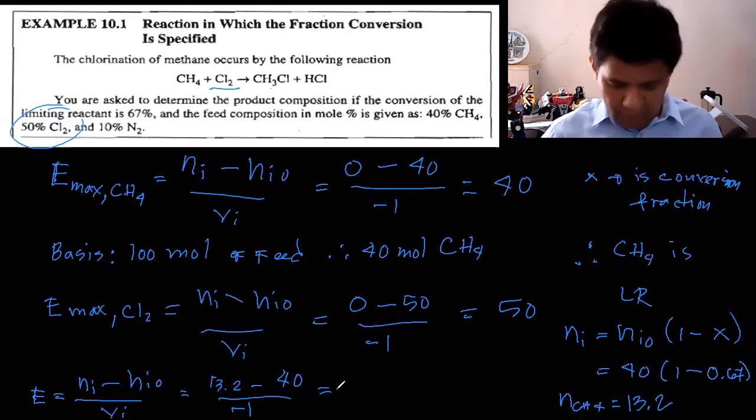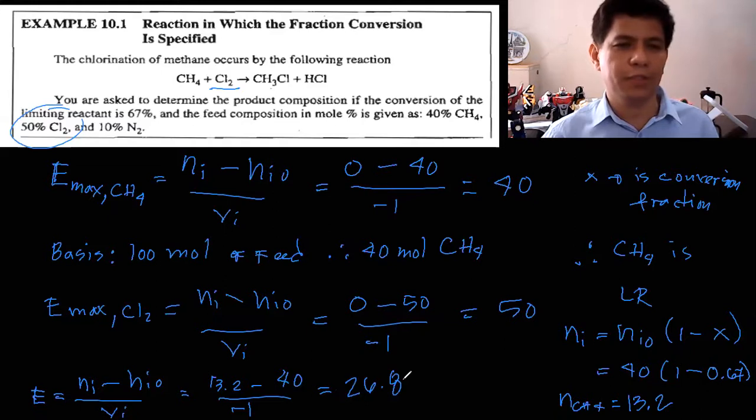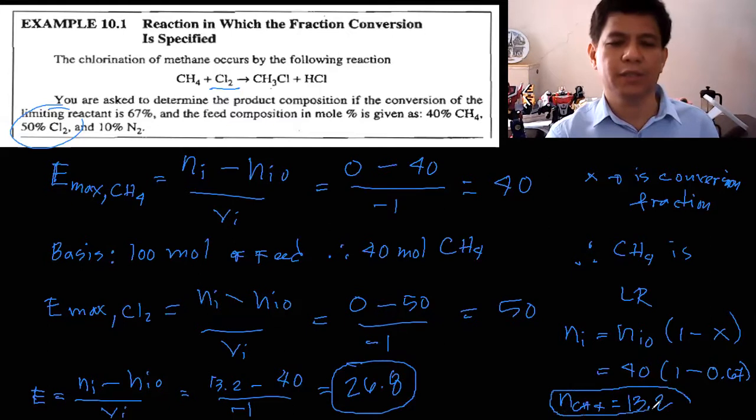Okay. So we will use this 26.8 to calculate the number of moles of Cl2 in the product, the number of moles of CH3Cl in the product, and the number of moles of HCl in the product. So just remember the 26.8. This is our magic number. We will also use the CH4 later, because the question asks for the percentage composition. We have 13.2 moles of CH4. Okay, I'm going to clear the board.